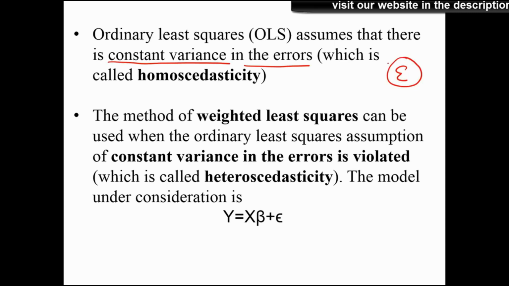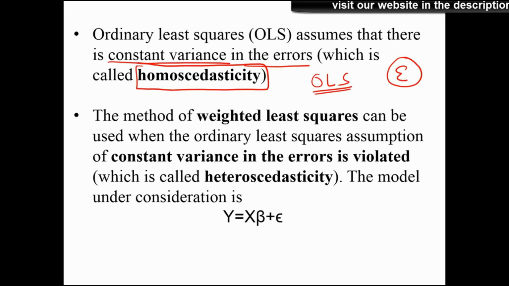And we assume that the error term in ordinary least square has a constant variance, and we call that property homoscedasticity, or we call the error term homoscedastic. If you're familiar with OLS, I'm sure you would have heard about what homoscedasticity is. So that is one assumption in OLS.